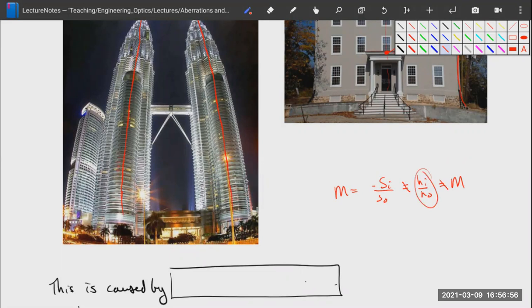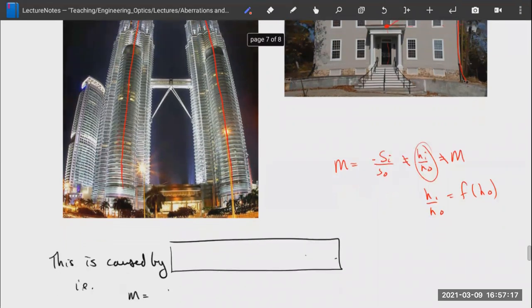HI over HO is equal to some function of HO, our height of our object. And by height, we always mean our distance from our optical axis, right?